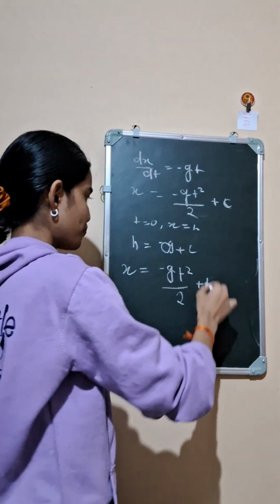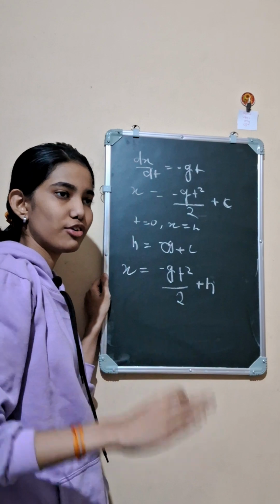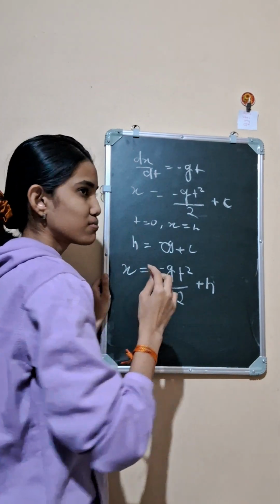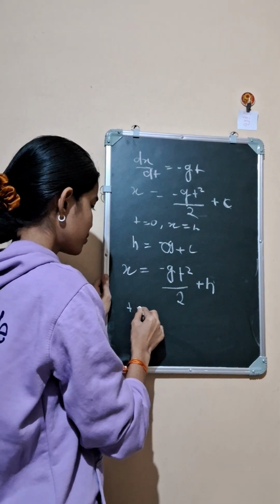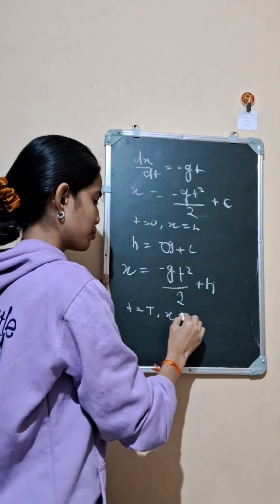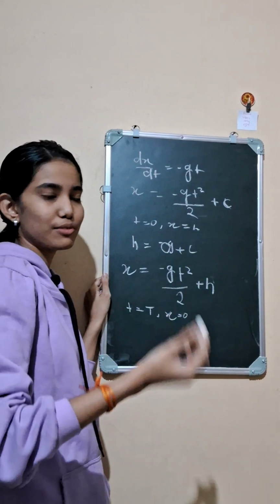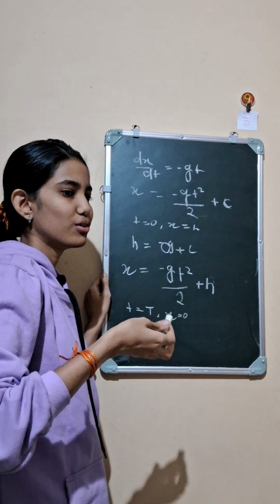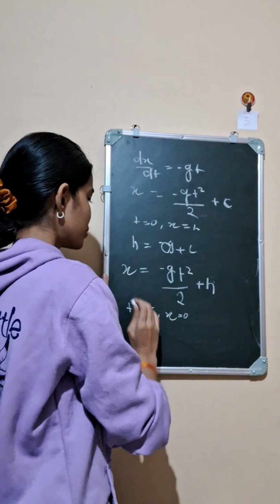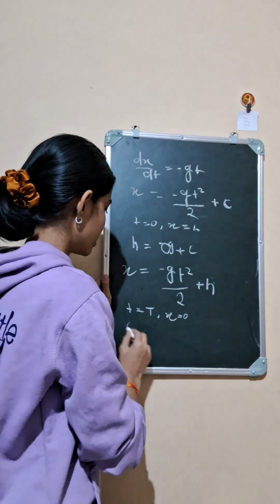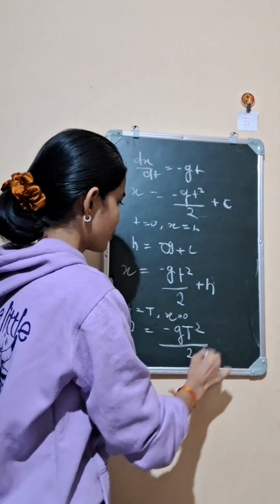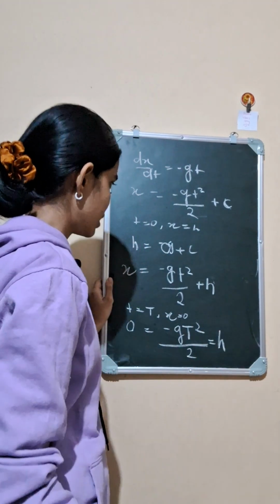Let us suppose the body has freely fallen and has reached the ground. So when it has reached the ground, the time will be equal to the time period, means the time required to reach the ground, and x will be equal to 0 because there is no height, means it is at the base level, where the height is equal to 0. Putting this condition in this equation, you will get 0 equals to minus g T square by 2 plus h, right?